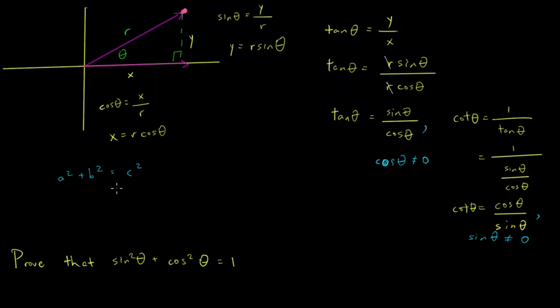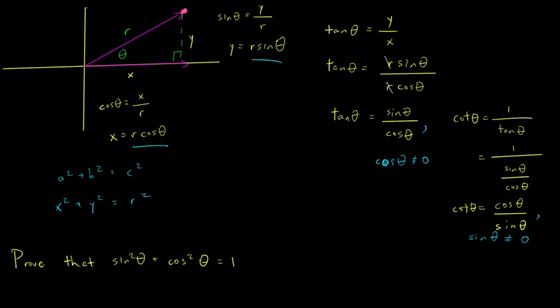Based on this diagram, if we started off with a squared plus b squared equals c squared, we could rewrite this as x squared plus y squared equals r squared. And we showed that x is equal to r cos theta and y equals r sine theta.